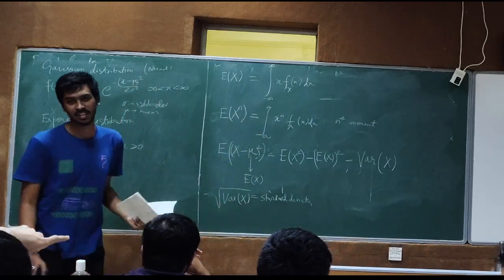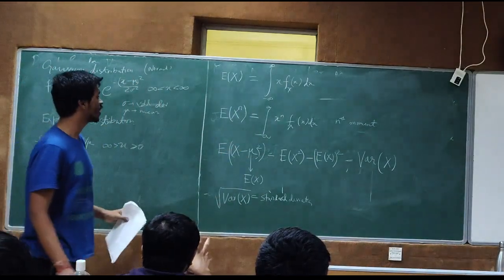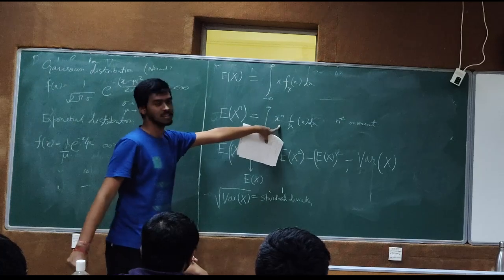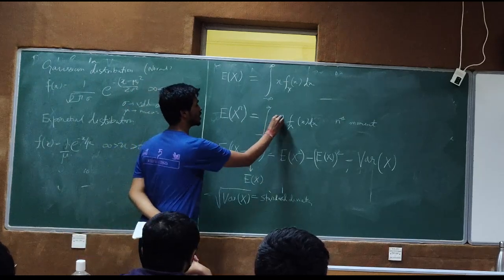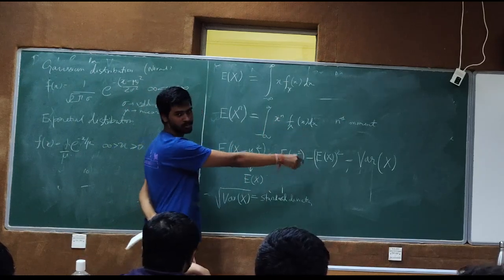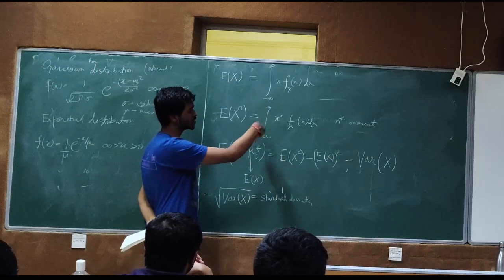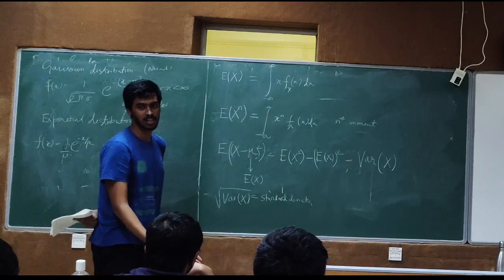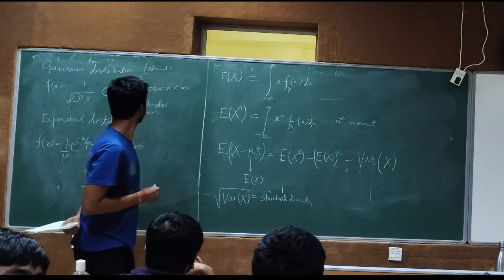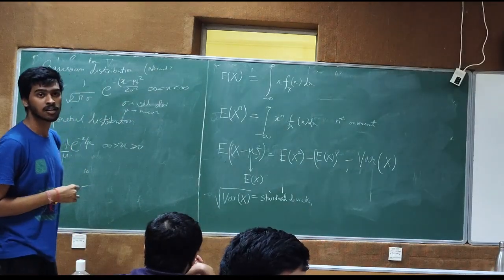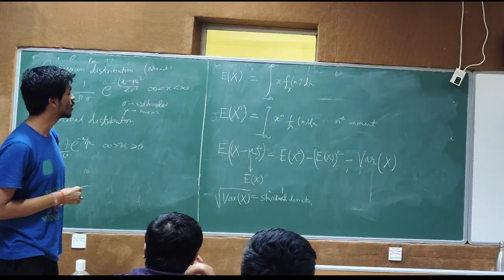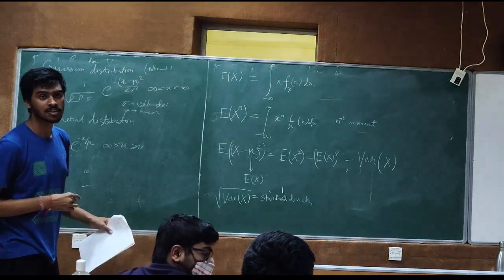Similar approach: you multiply the probability distribution by x squared, and then you integrate over x. The expectation value is analogous to the mean value. What does the moment tell us?